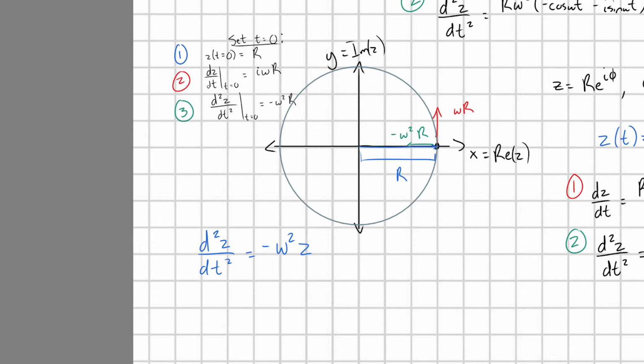I move a little bit up, but of course my acceleration is going to pull me inward. And here we go, I took some little time step. Here's my new position.